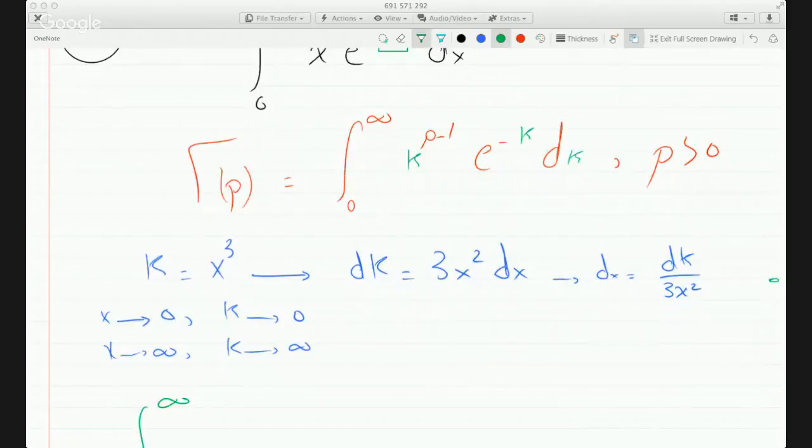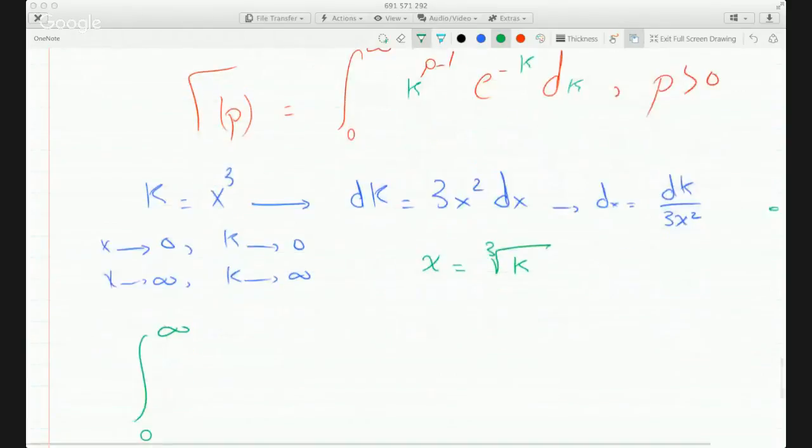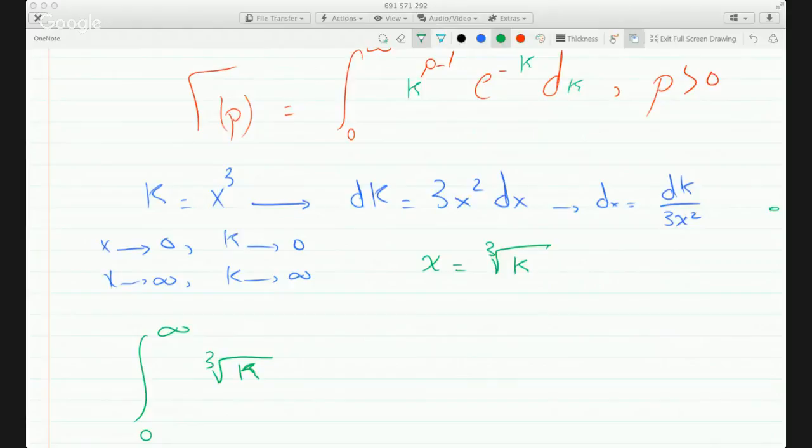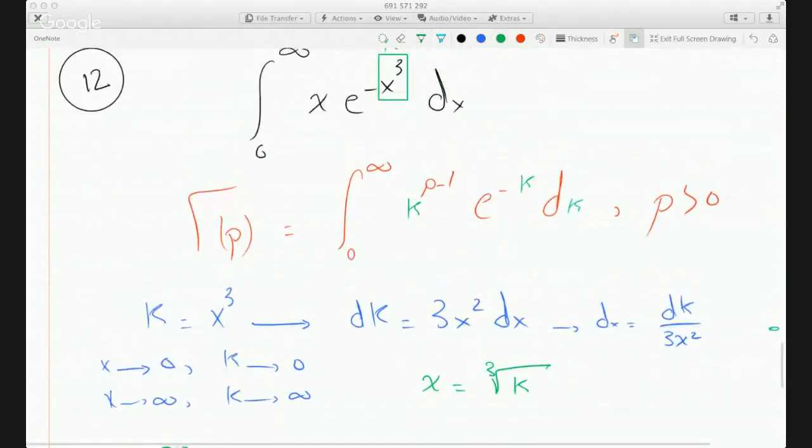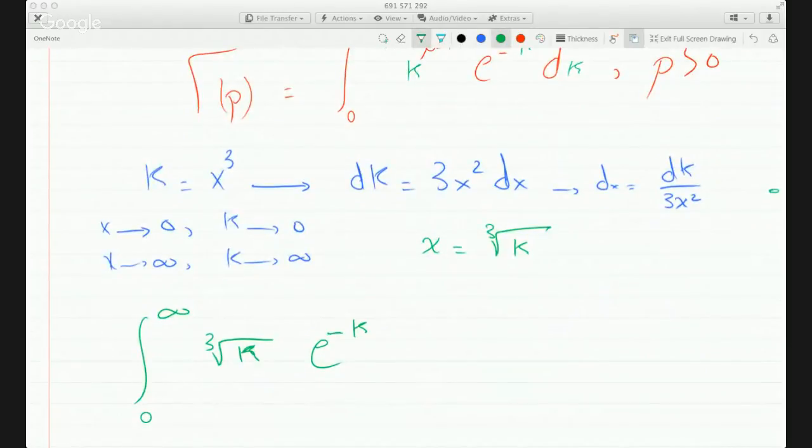Now, if k equals x cubed, that means x is the cube root of k, right? So this becomes cube root k, which is k to the 1/3, and this is e to the minus x cubed, which we called k, so this becomes minus k, and dx is dk over 3x squared.